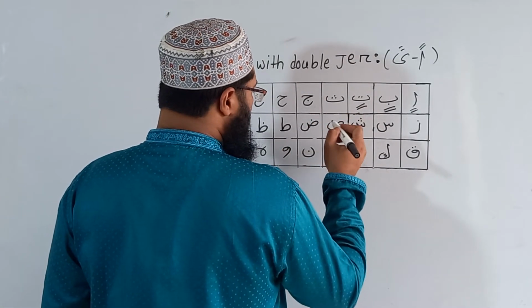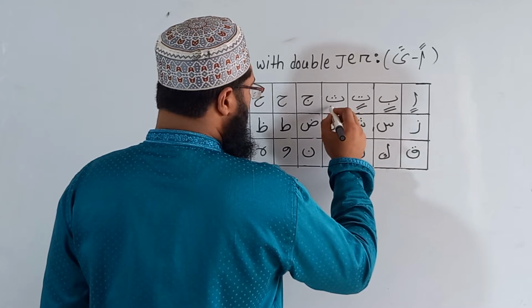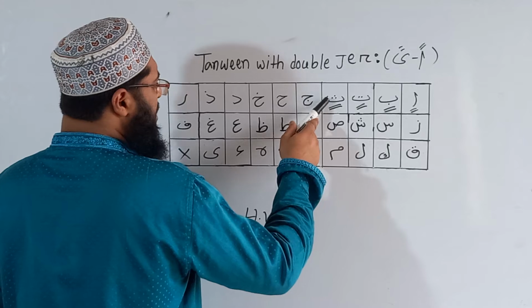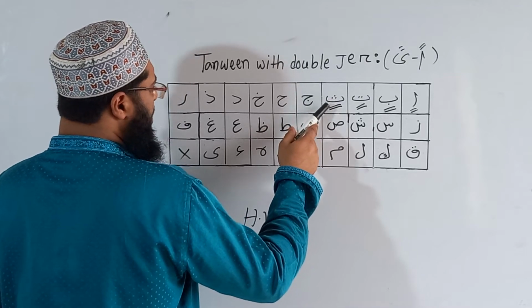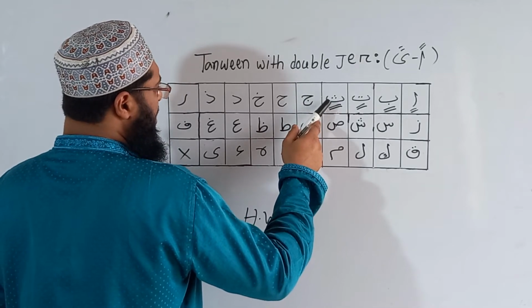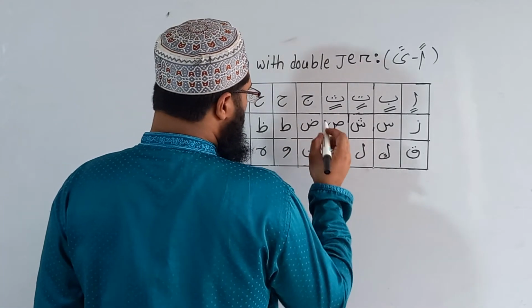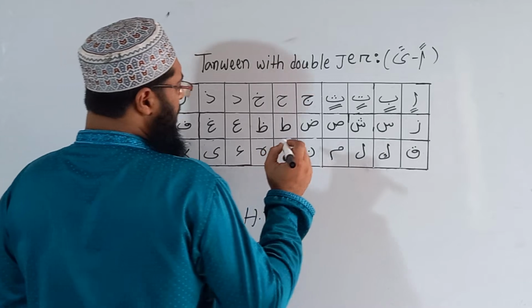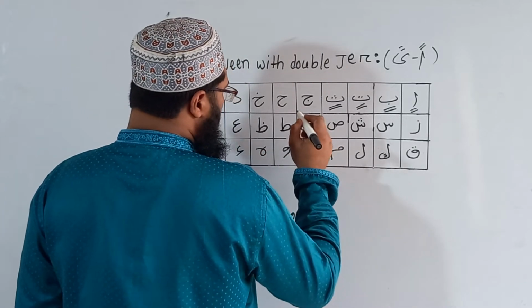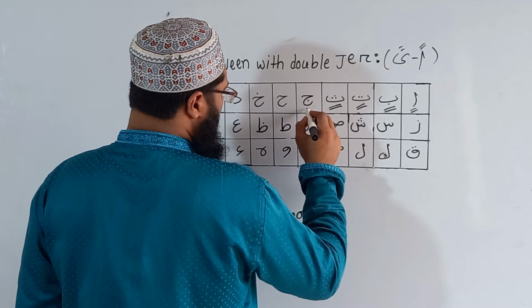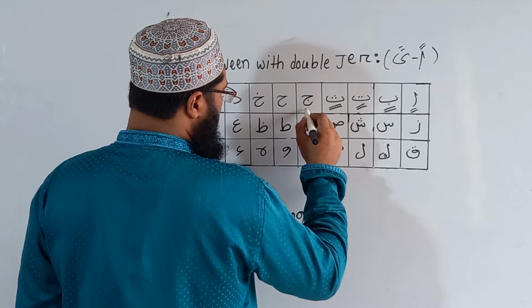Now my dear students, this one is Tha. After giving double Zer under the Tha, you have to pronounce this one Tha Dui Zer Thin, very softly. My dear students, I'm giving double Zer in every alphabet one by one. Look at the board very carefully.